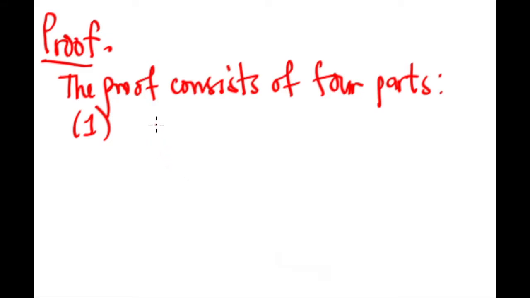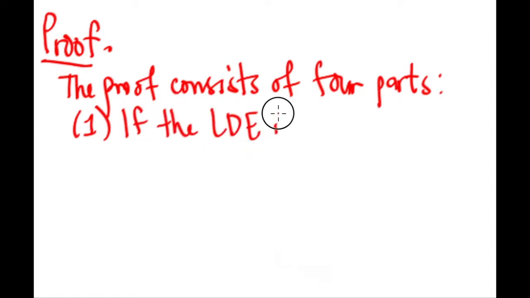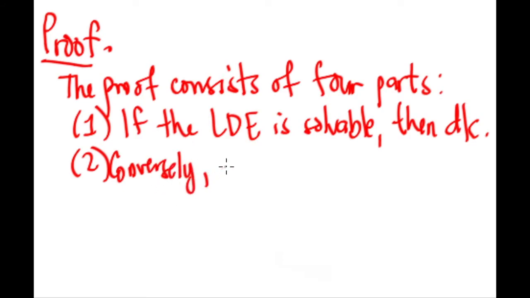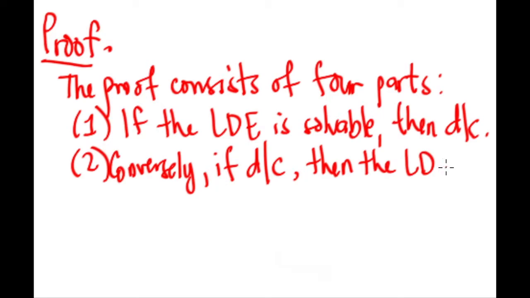The first is, we shall prove that if the LDE is solvable, then D divides C. The second part is the converse of this: if conversely D divides C, then the LDE is solvable.